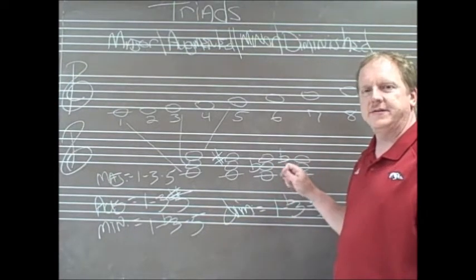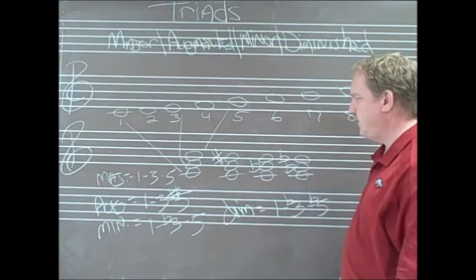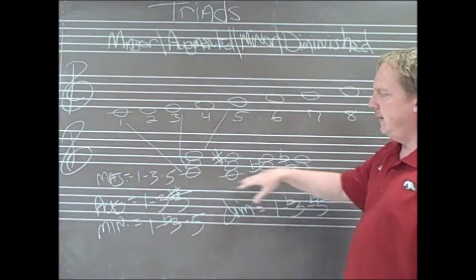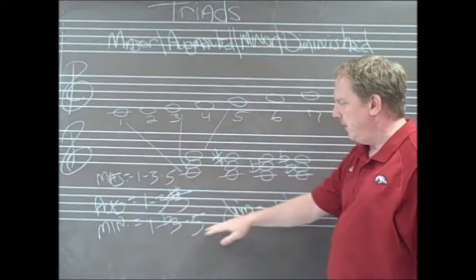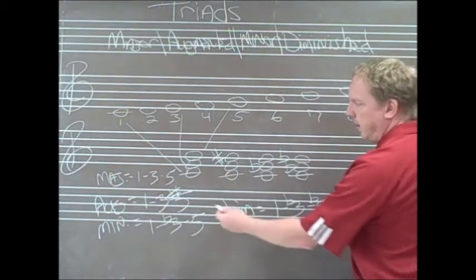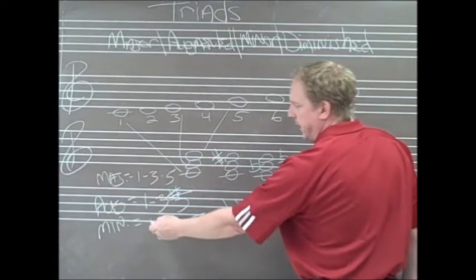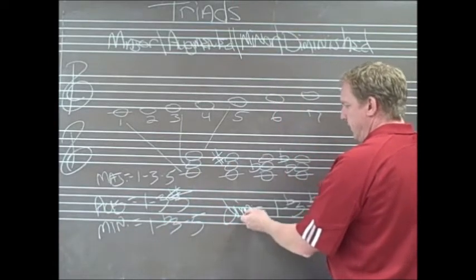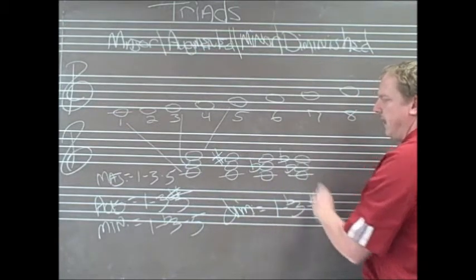Notice when you write accidentals, you sort of stagger them so that they're not piled up on top of each other. Looking at the key of C, you can visually even see how these formulas reflect the notes. Augmented is 1, 3, sharp 5. Minor is 1, flat 3, 5. Diminished, 1, flat 3, flat 5.